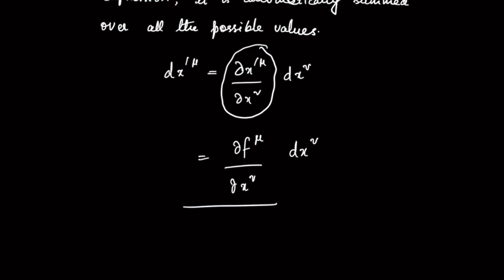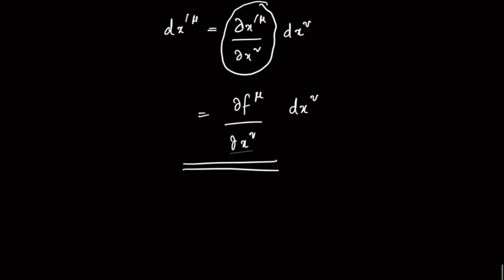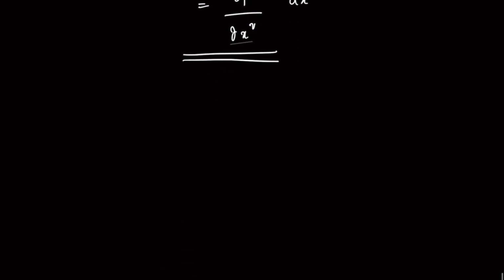So these are all about vectors. How do you write vectors and what is the definition of vectors? Now slowly we'll move to tensors. What are tensors? Tensors are a natural and logical generalization of vectors.